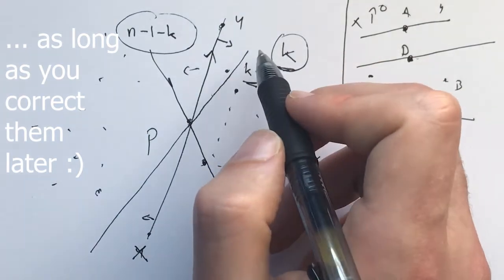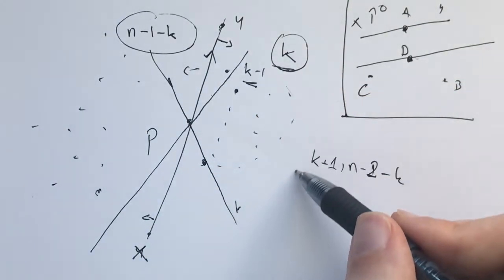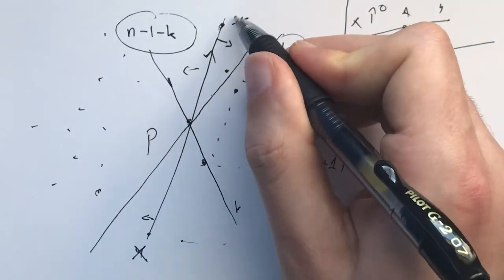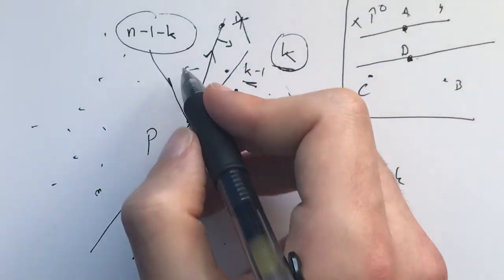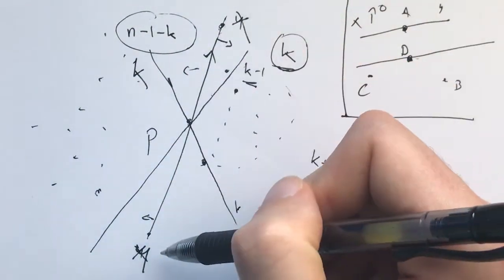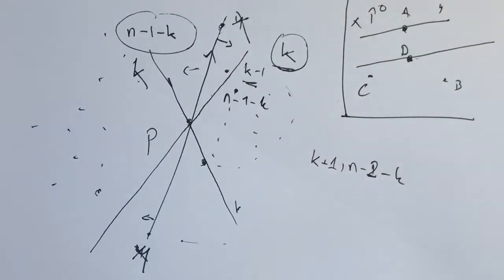Oh, but here's the thing. As we're rotating this line, we will get to a place where x and y change sides. And then we will have k points on the right side of xy, and n minus 1 minus k points on the other side.